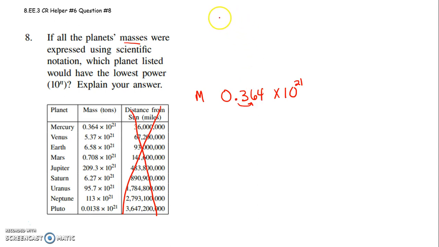And depending on what teacher you have, some teachers say you have a good friend named Lars. And so Lars stands for left add. If you had to move that decimal point to the left, you'll add to the exponent. And if you have to move to the right, you'll subtract from the exponent.